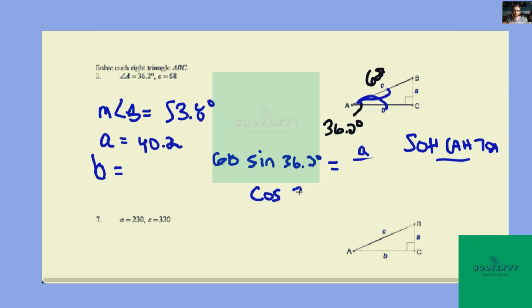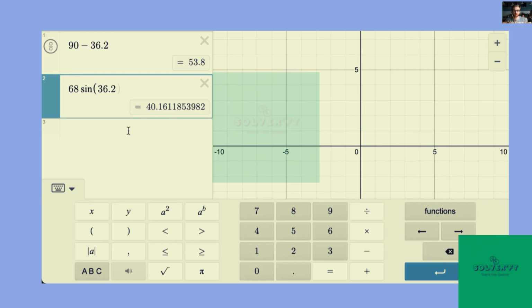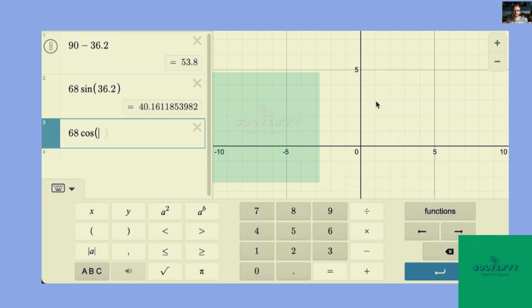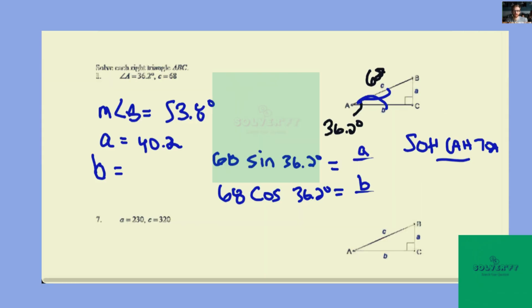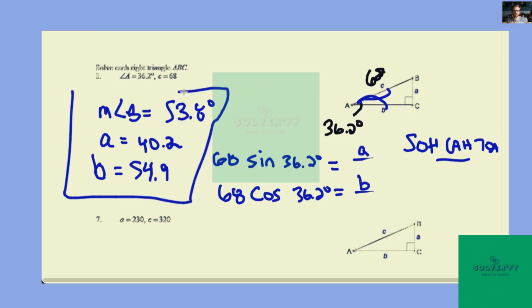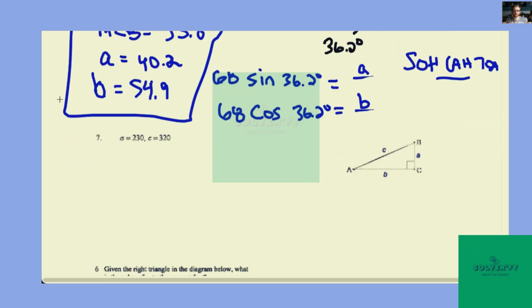We can say that the cosine of 36.2 degrees is equal to the adjacent over the hypotenuse, and then we cross multiply the 68 to get B. So 68 cosine 36.2. And that is about 54.9. That would be solving the triangle. Those are all the missing pieces of information.